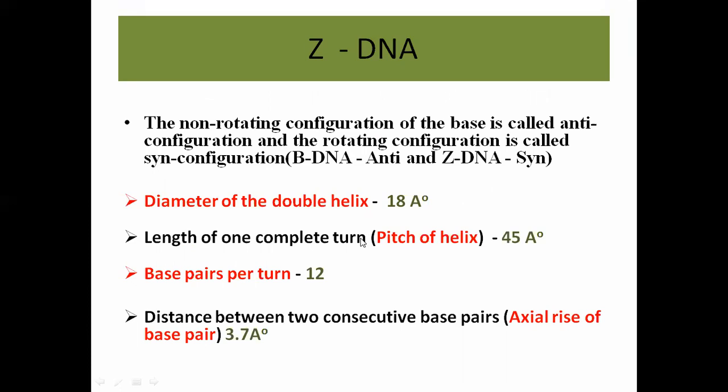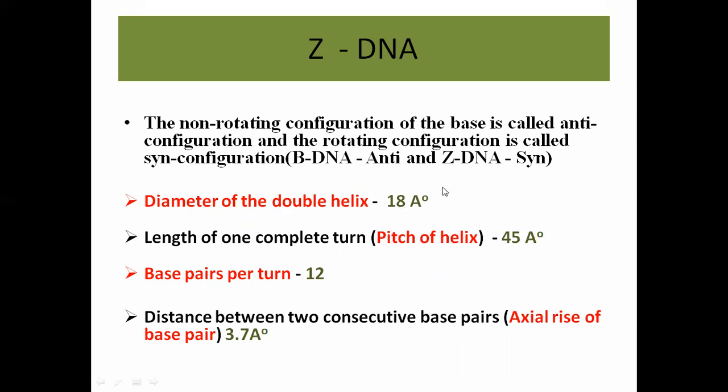It is 18 angstrom. The length of one complete turn or pitch of helix is 45 angstrom, and base pairs per turn is 12. For BDNA it was 10.5. And the distance between two consecutive base pairs or axial rise of the base pair is 3.7 angstrom.